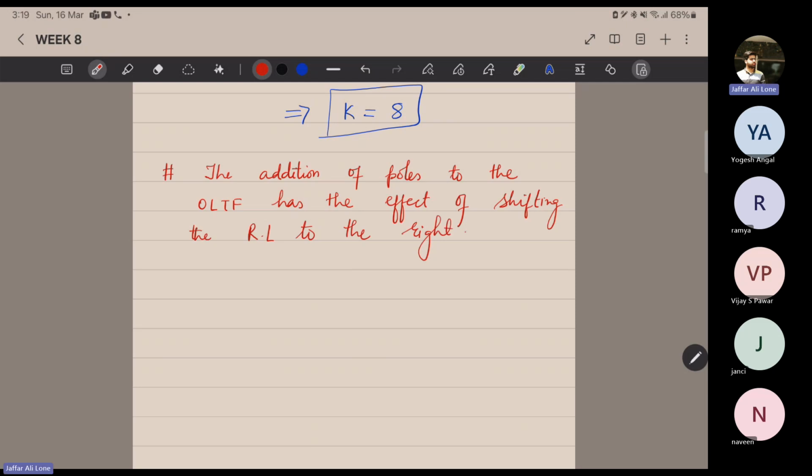And what does it mean? It means it lowers the system's relative stability.